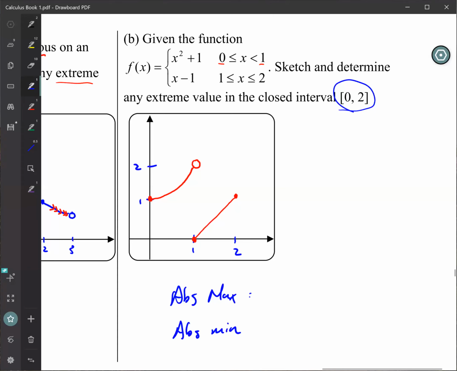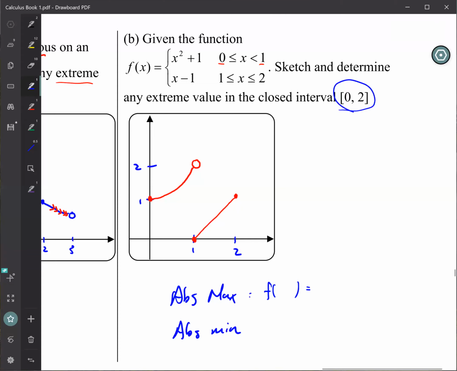At x equal 2, or I need to know f of what equals to what? F of 1. Wait. Yeah, I'm a bit confused.